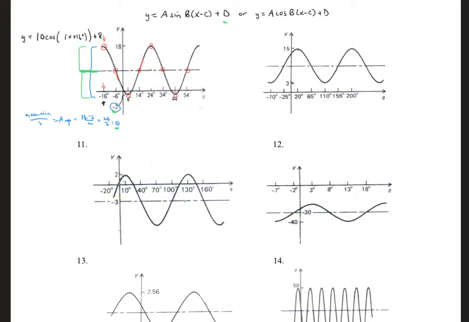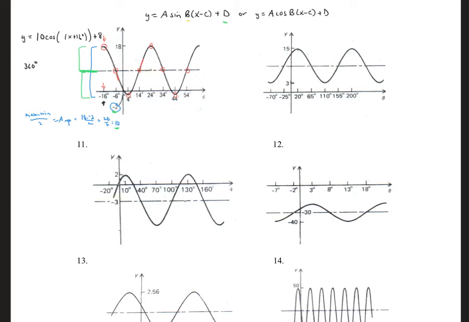Now always the hardest part is going to be figuring out what this b is. Since we're in degrees, our normal period for a sine or a cosine is 360. If we didn't see that degree symbol, it would have been radians, and that would have been 2 pi.